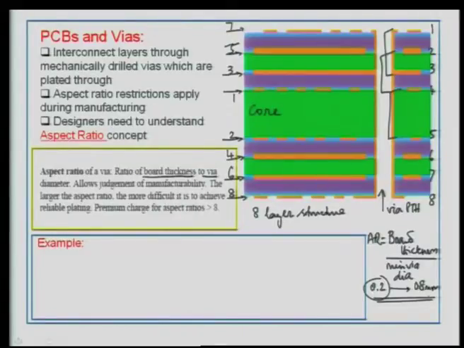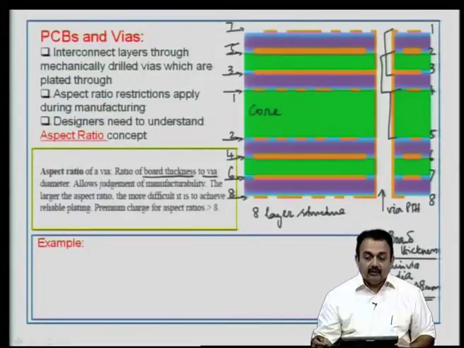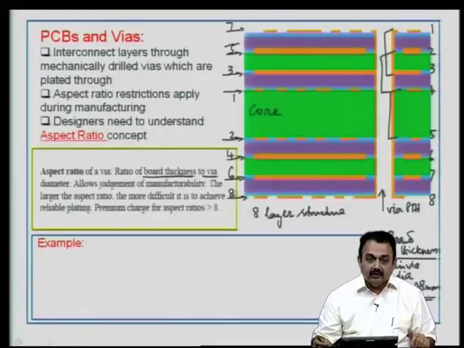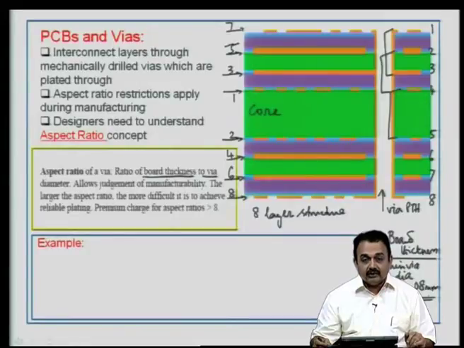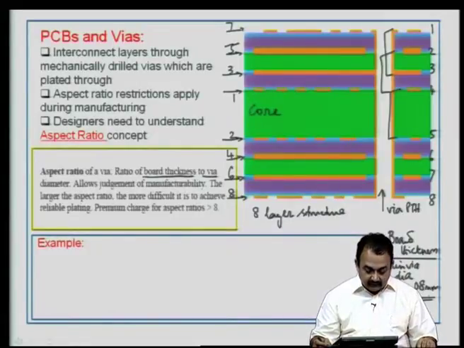That gives a lot of information about the possibility of the board getting manufactured or not, and also it indicates some kind of a reliability assessment that you can make as a designer, as well as the manufacturer will be able to tell you whether with this aspect ratio he can manufacture the board with high reliability or not. Let us take an example.